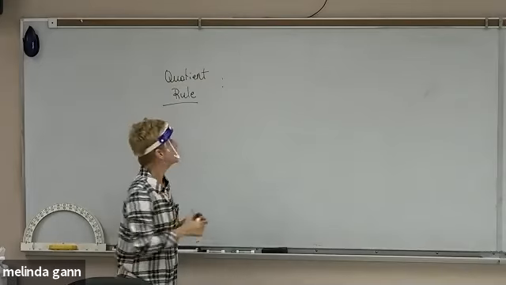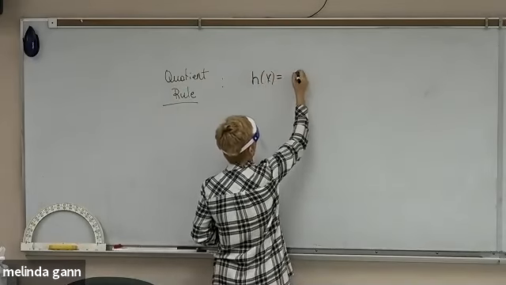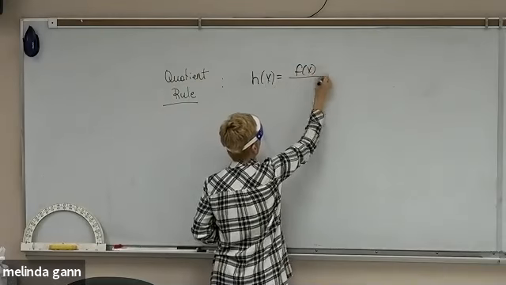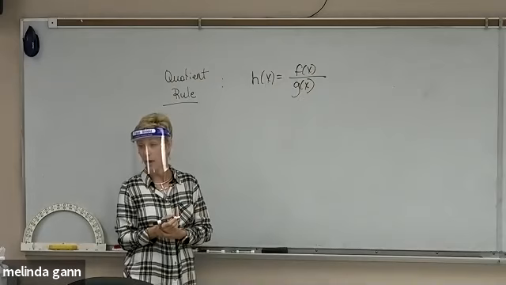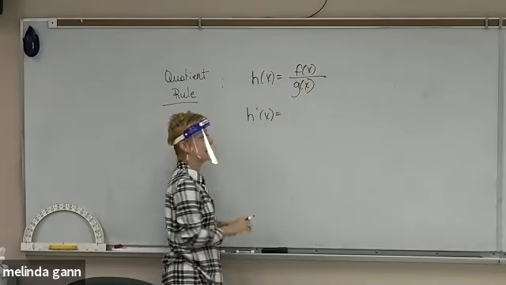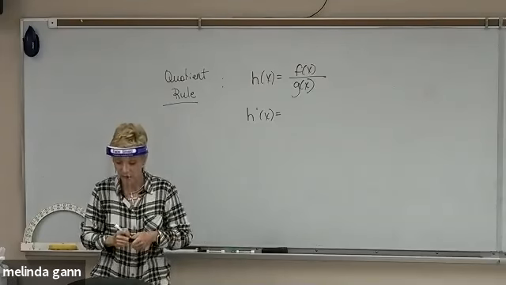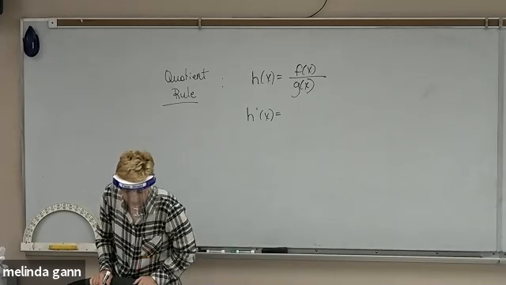So if you've got a function that's like an f of x over a g of x, and you want to take the derivative. Again, it is not the derivative of the numerator divided by the derivative of the denominator.